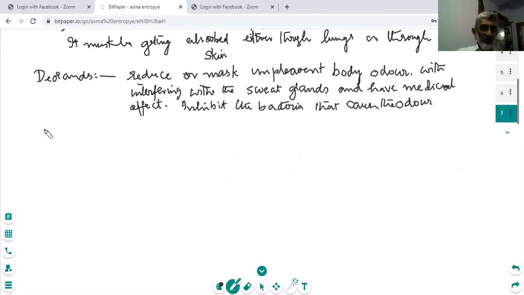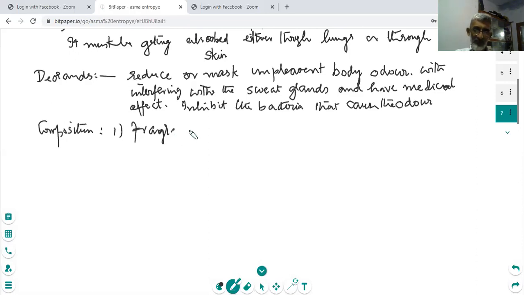So we can just have a look into the composition of these deodorants. The first one, as we already know, is the fragrant materials, the fragrances.